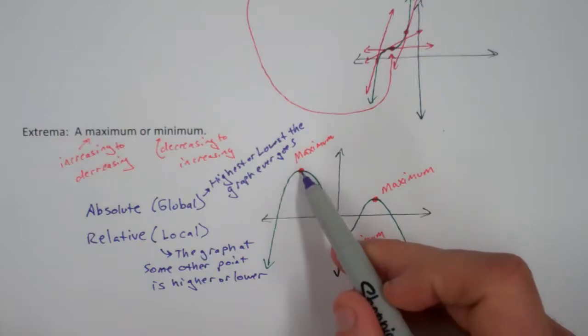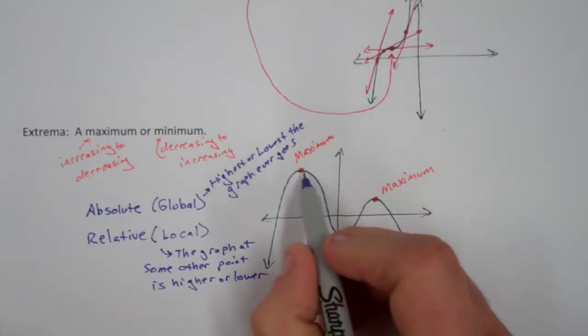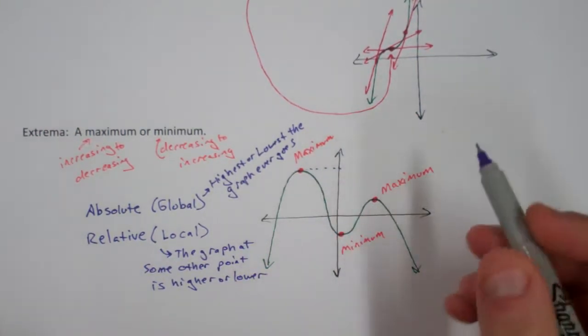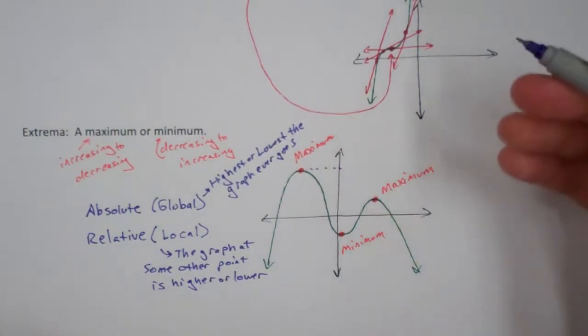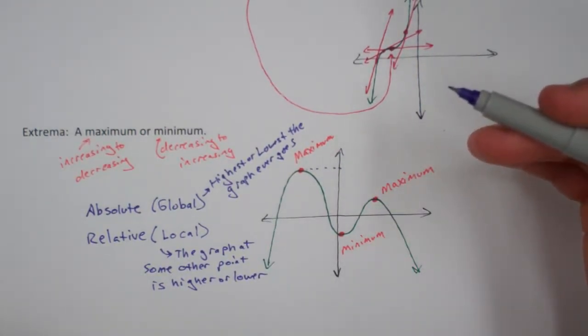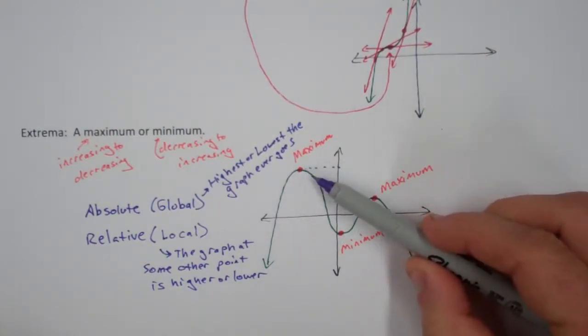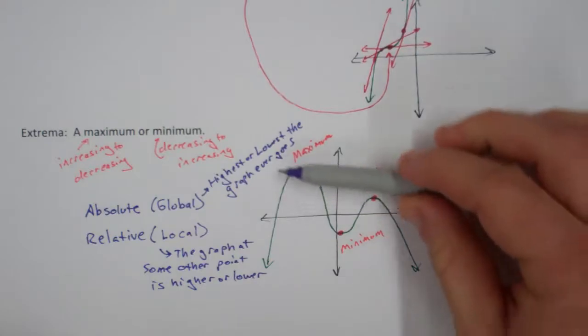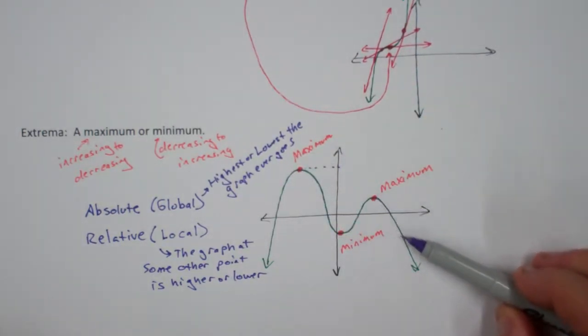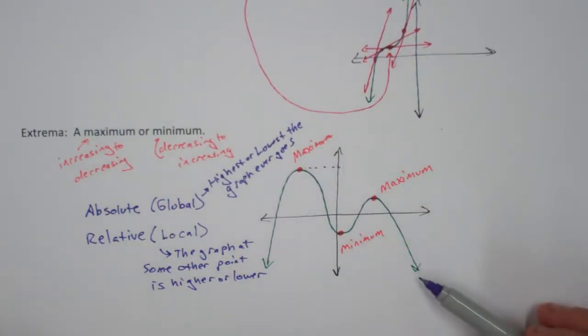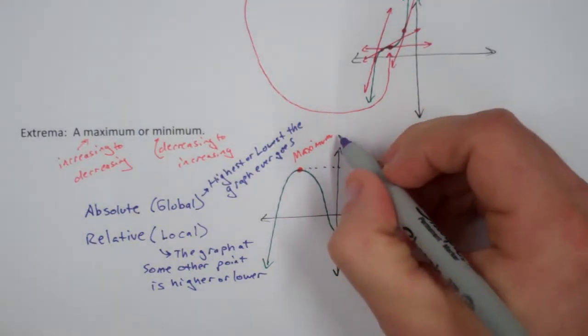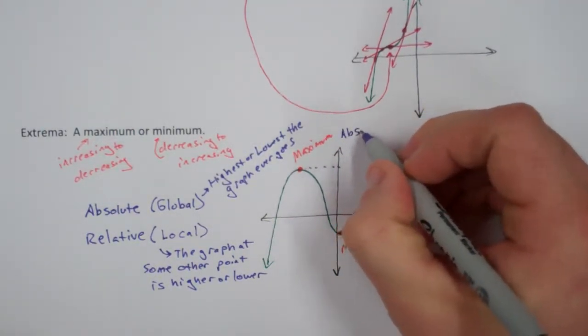If we look at this maximum right here, this y value will never be reached by another point or above that point. Notice how the y values here are lower. They reach a maximum. The y values are all lower than this maximum right here. So we would call this maximum an absolute maximum.